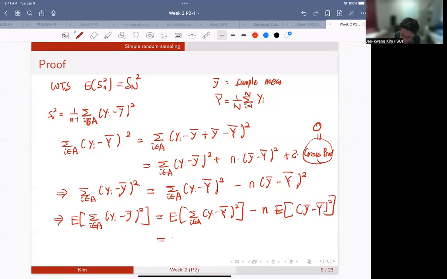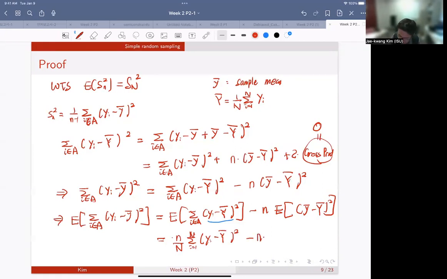And then the expectation here, you can see that this is not a random variable. This is fixed. So this y_i is just a quantity, and capital Y bar is just another quantity. So under simple random sampling, this guy's expectation is actually n over n minus 1 times the sum of (y_i minus Y bar) squared.